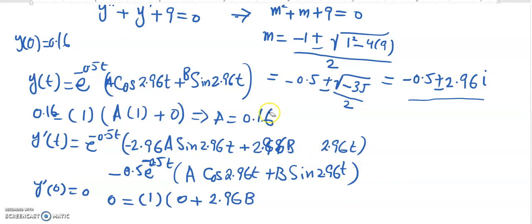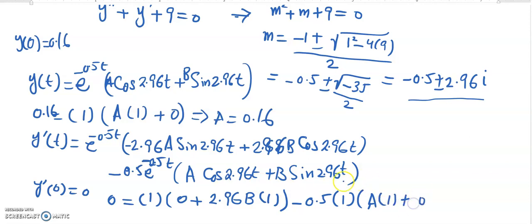So if it is 2.96 b, then the cosine term will be 1, and then minus 0.5 times e, that term will be 1, and then a, the cosine term will be 1, and the sine term will be 0.